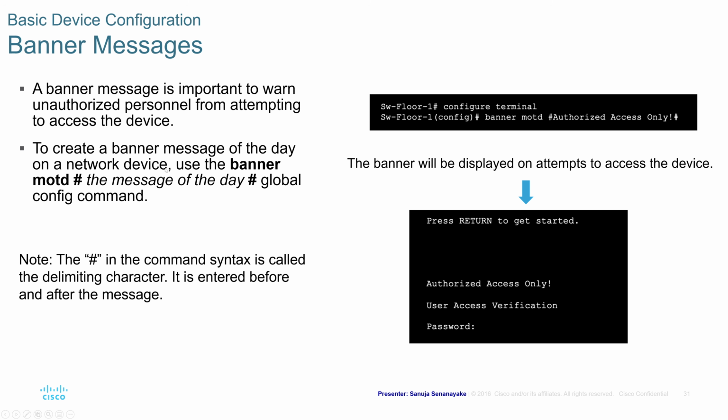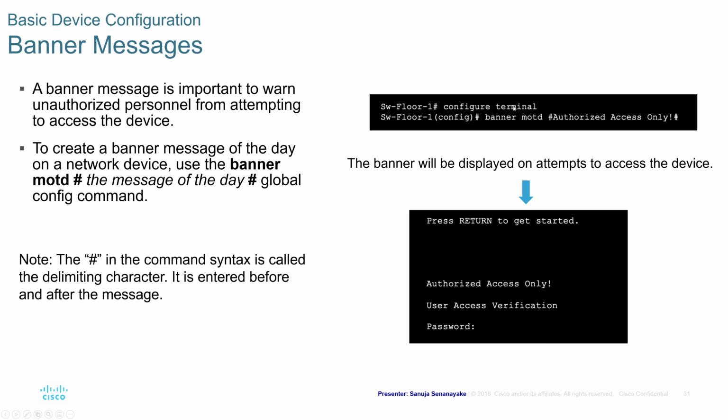To create a banner message, you use the banner motd command and enter the message between the pound symbols in the global configuration mode. The pound symbol in the command syntax is called a delimiting character, and it is entered before and after the message.